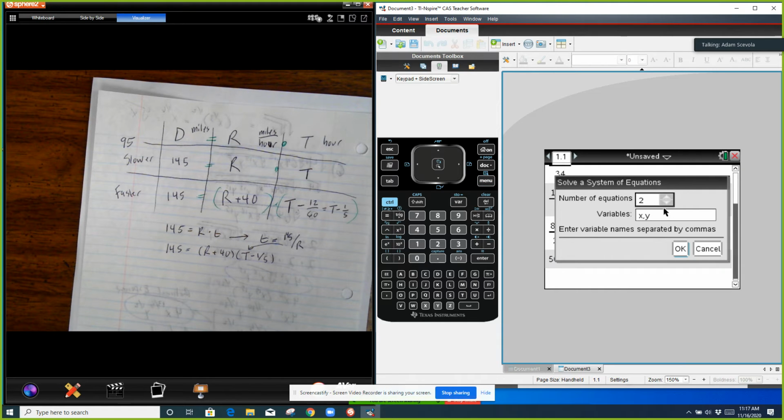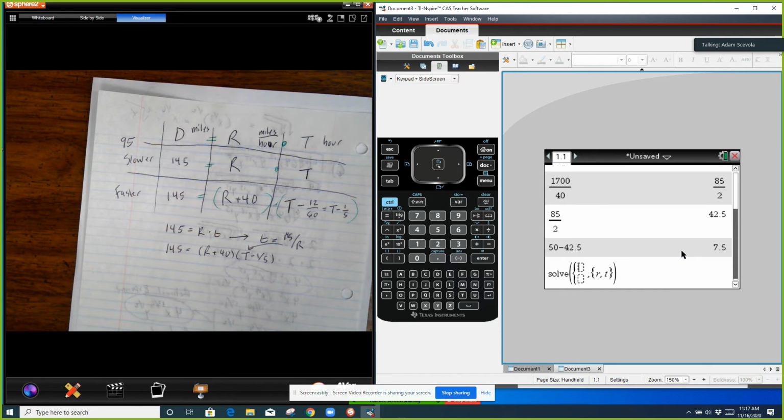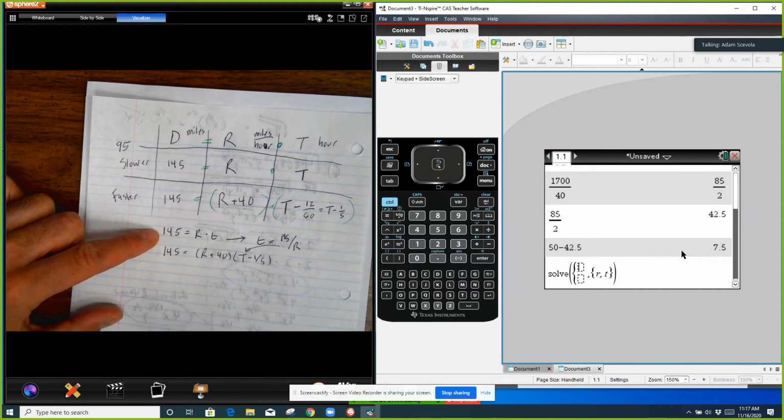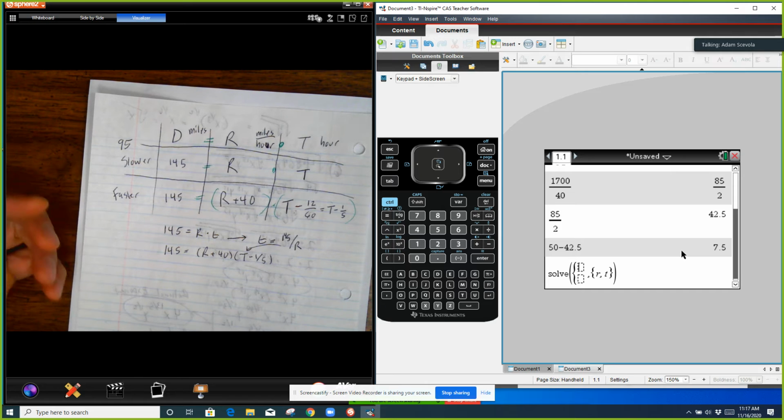But we have a CAS, so we'll go 145 equals R times T, and 145 equals parentheses R plus 40 parentheses times T minus 1/5. And I get my rates. One of them is negative, and my time is negative. We're going to ignore that. Then we get another answer.